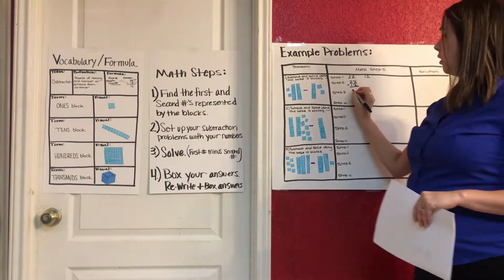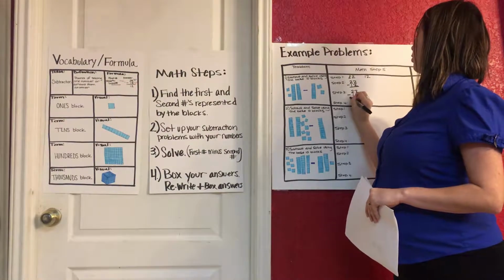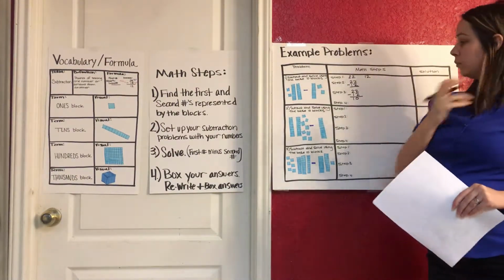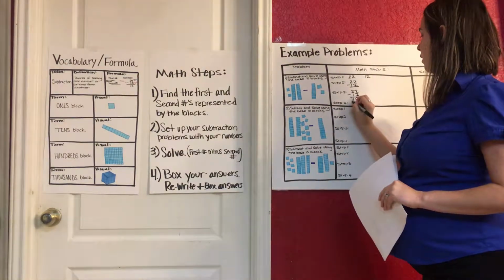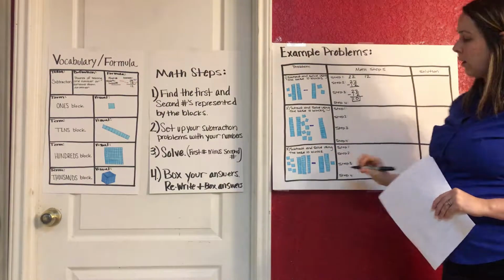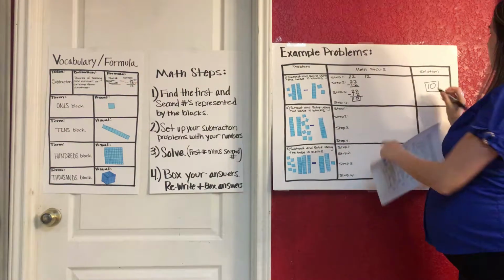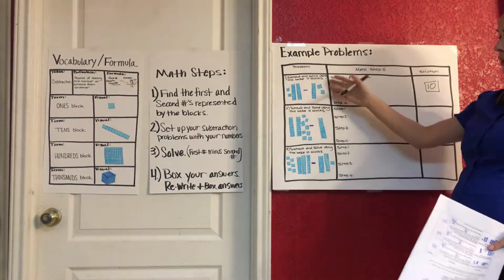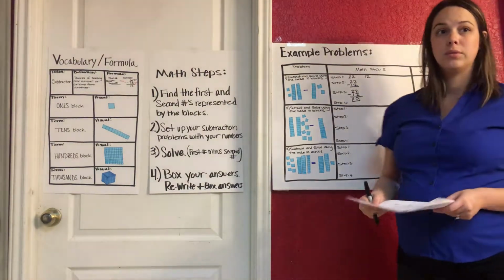So 22 minus 12 equals 10. And then step 4 wants us to box in our answer, rewrite and box the answer. So this is where we're going to rewrite it because it's our solution. Our answers go over here as well. Problem number 1 is done. Do we have any questions so far?